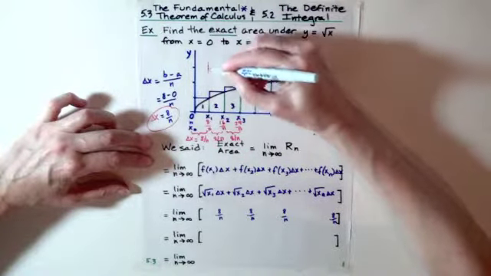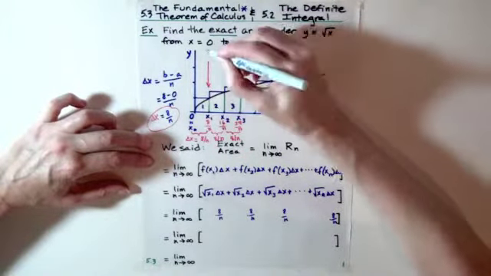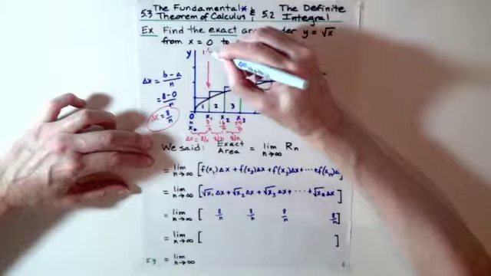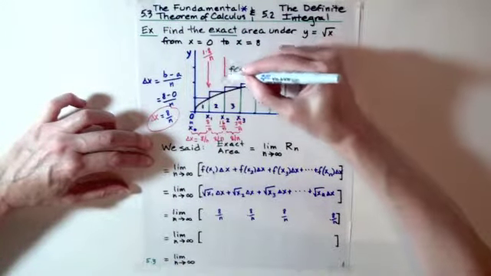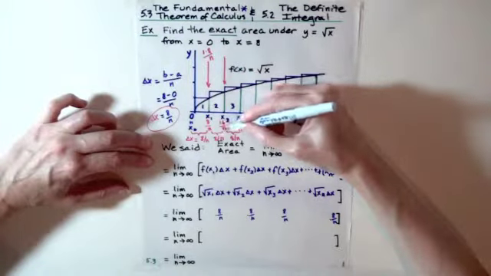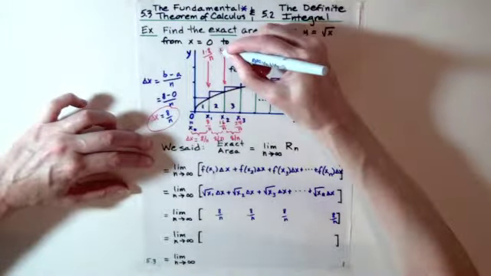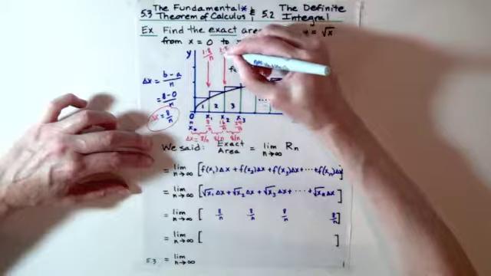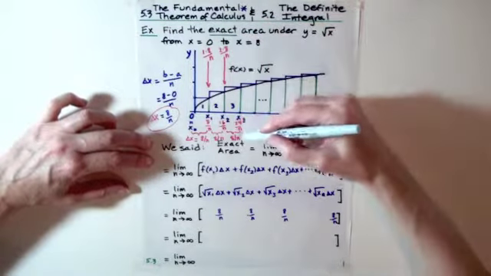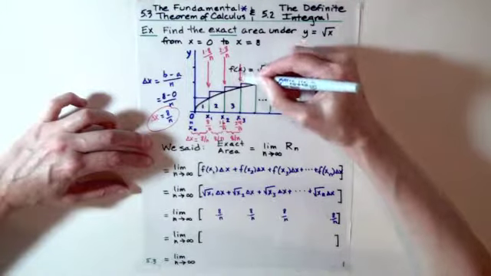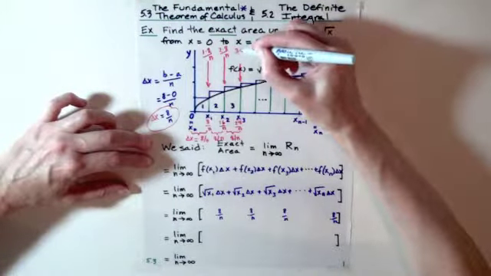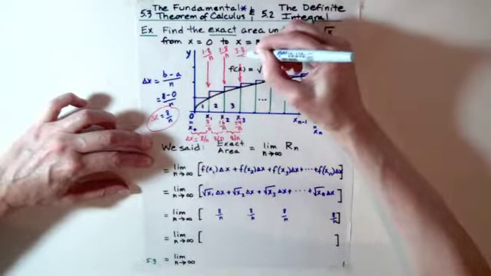I'm going to rewrite the x1 as 1 times 8 divided by n. And the x2 that I have here as 16 over n could be written as 2 times 8 over n. And the x3, which was 24 over n, could be written instead as 3 times 8 over n.